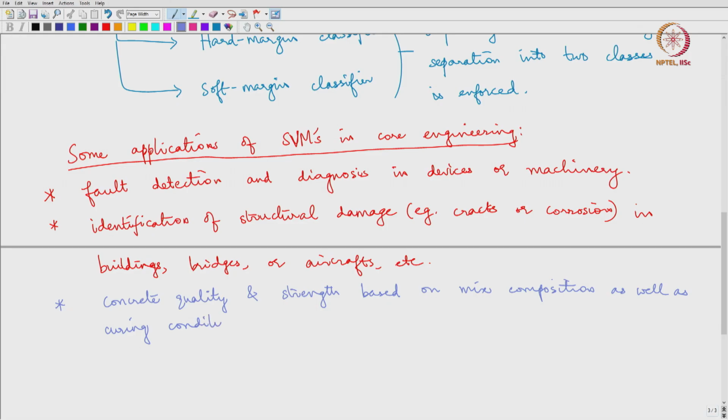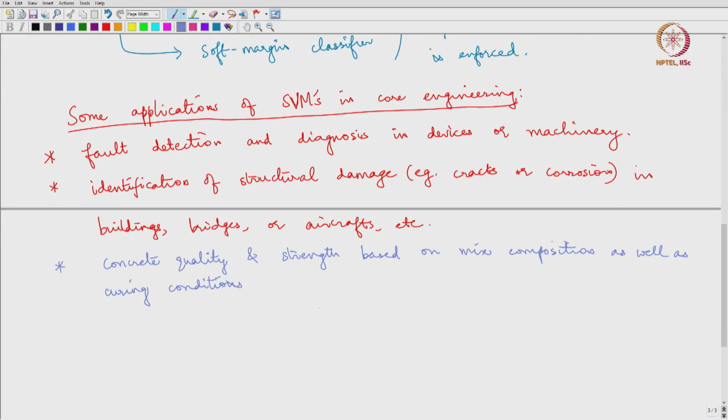How do you let the concrete cure? So these are the kinds of models that you can develop, and again the quality could be more of a classification problem, the strength, the compressive strength of the material could be more of a regression problem. So you can think of both SVCs and SVRs.